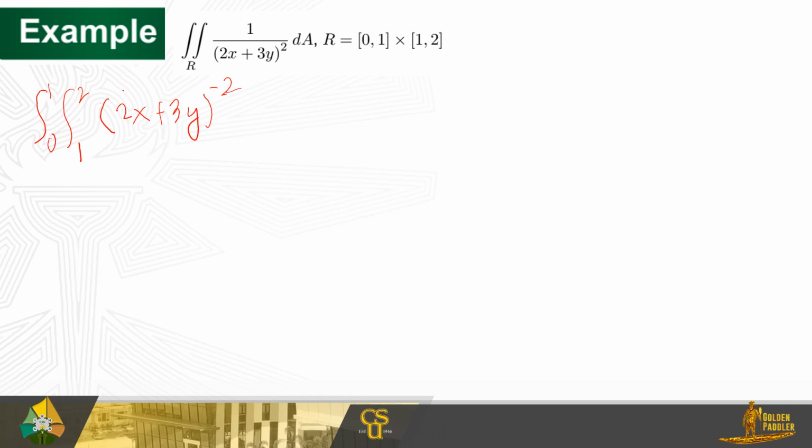Okay? -2 dy then dx. Okay? Maybe just down here, so we can save space. Okay, so normally if we integrate this, what we usually do is let u equal 2x plus 3y.